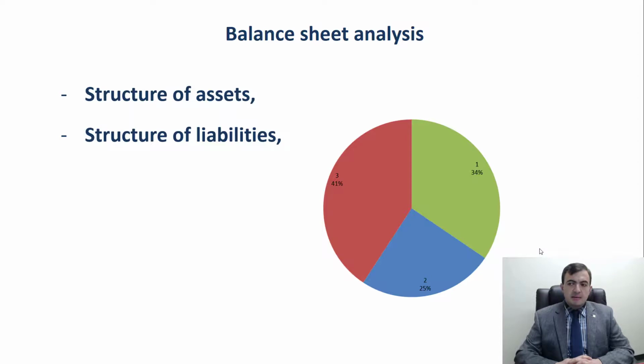So as you can see, we can use this pie chart tool to show the percentages of assets, of liabilities, and also we can show what percentage of the assets are current, what percentage of assets are non-current, what percentage of liabilities are short-term liabilities, and what percentage is long-term liabilities, and also in case of the structure of equity we can use this tool.